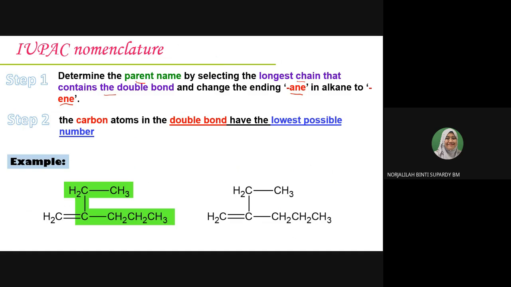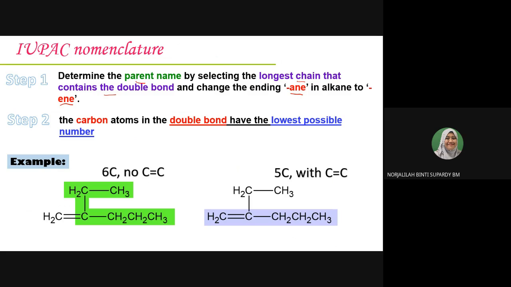At the left side, the longest chain is highlighted in green and numbered. It consists of 6 carbons, but there is no carbon-carbon double bond included in the parent chain. If you want to include the carbon-carbon double bond in the parent chain, it will only consist of 5 carbon atoms.